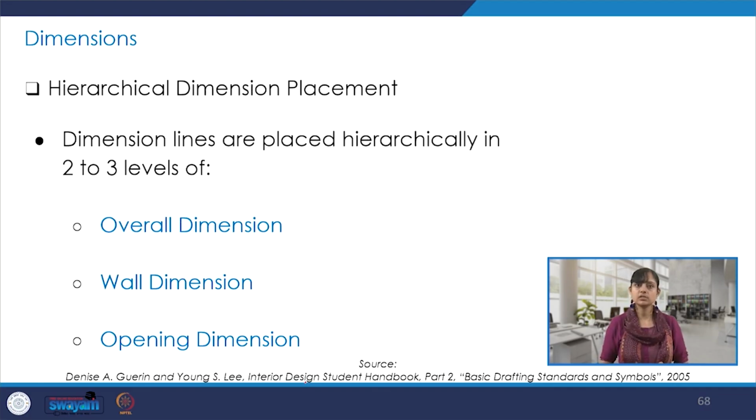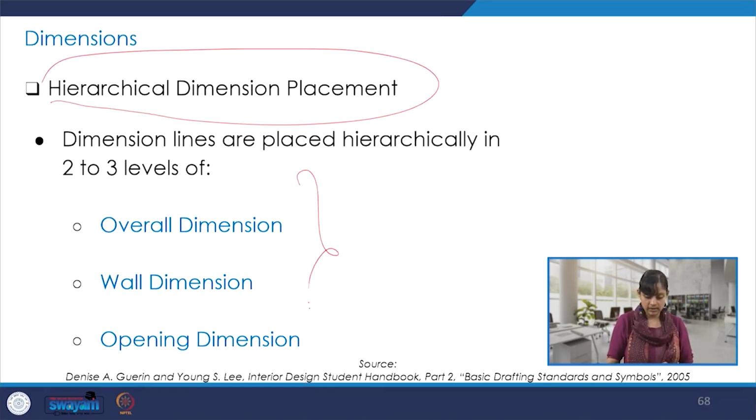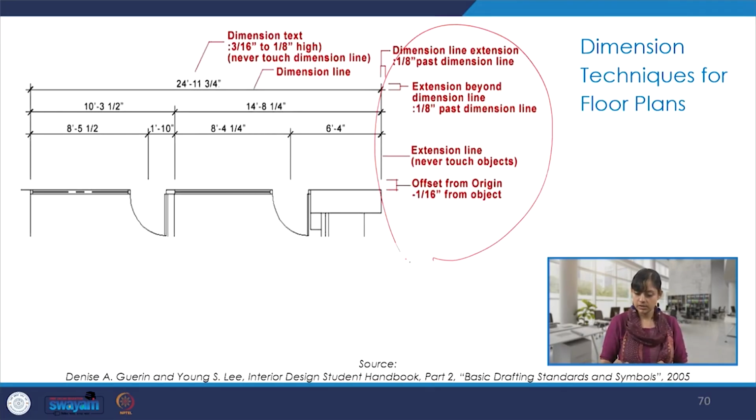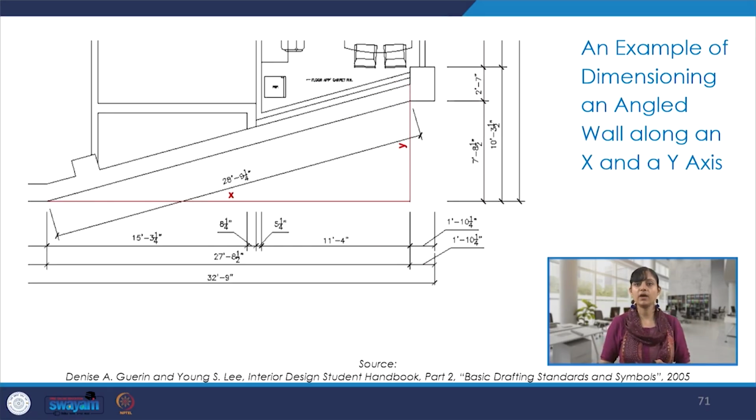Also dimensions and what is hierarchical dimension placement, and then the overall dimension, wall dimension and opening dimension. And we saw some examples of that, how the dimensioning is done. And then more examples, the dimension techniques for plans here, like floor plan. Some example where we have to do the dimensioning for an angled wall, or a wall at an angle.